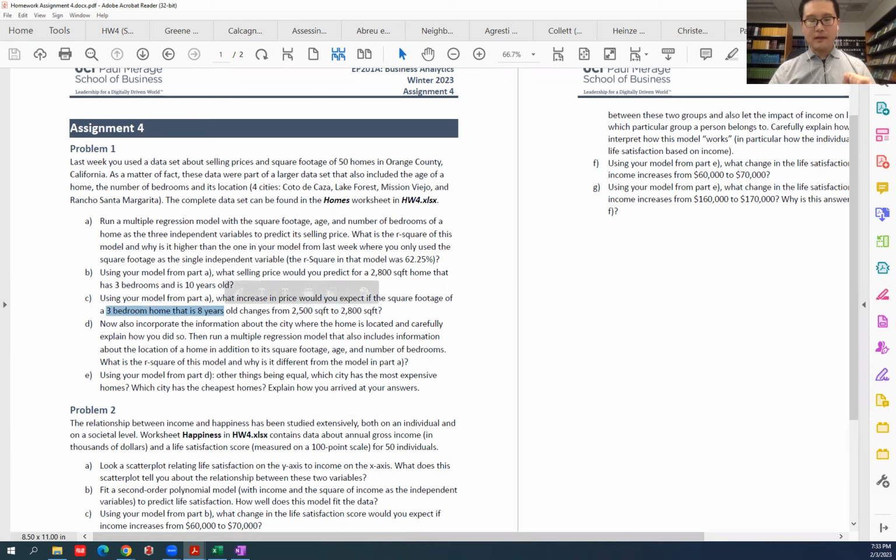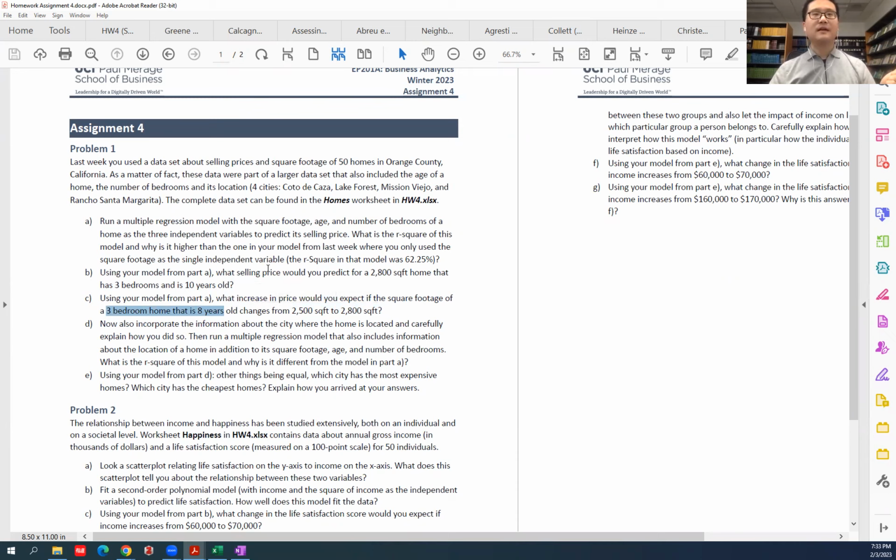So we do not really need to use information about the number of bedrooms or number of years of age to understand the effect of square footage.